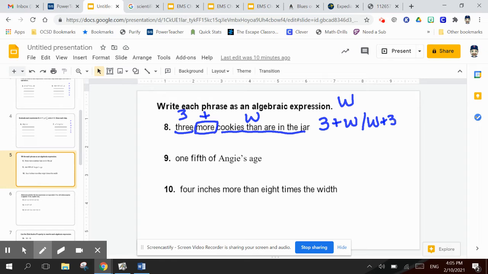Number 9, 1/5 of Angie's age. So 1/5, that's my fraction.